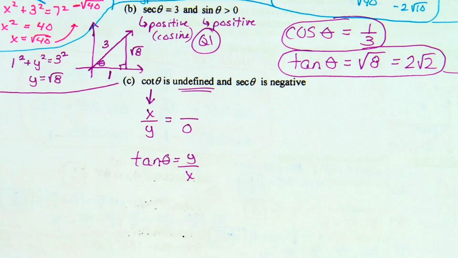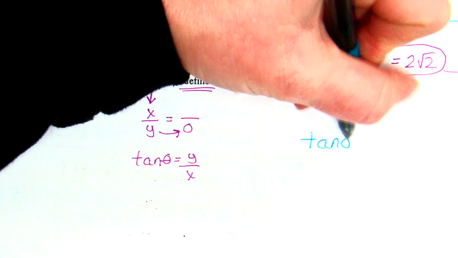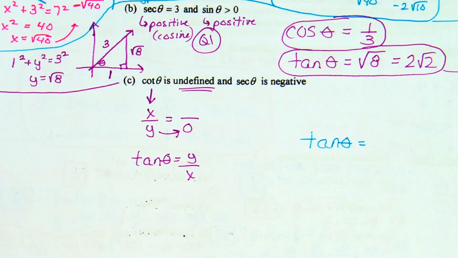So what that means is that my y value has to be 0. X value is something other than 0. Now, could you go ahead and tell me what tangent is here? If cotangent is undefined, the reciprocal of undefined is going to be 0.